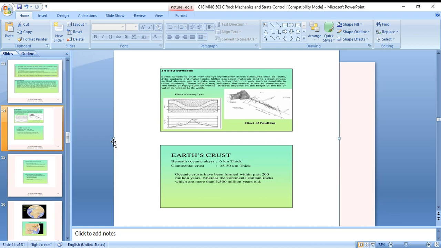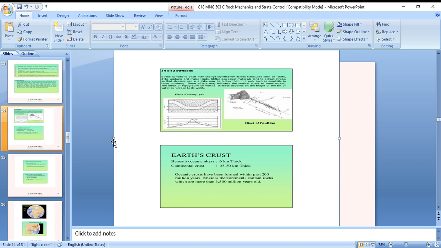Relating to this, the effect of folding, the effect of faulting, earth crust, ocean depth, deep continental crust. Ocean crust has been formed within the past 200 million years.